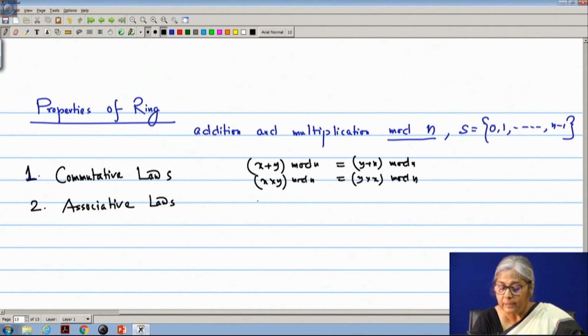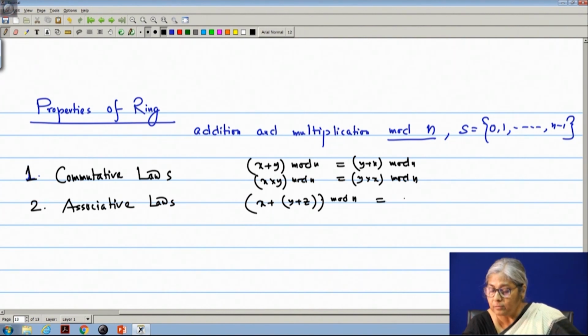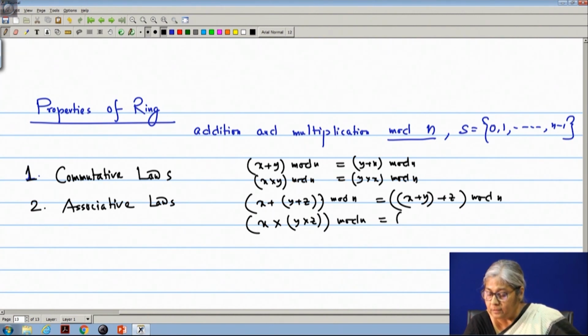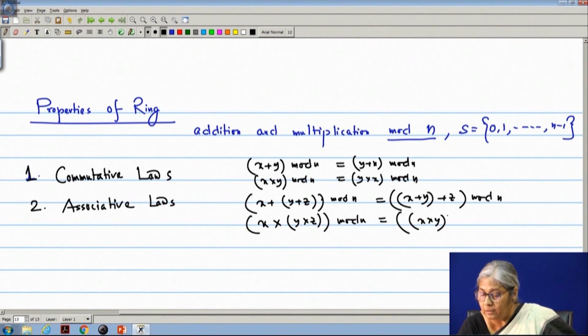We consider x, y, z, and we can write that x plus y plus z modulo n equals x plus y plus z modulo n, and x into y into z modulo n is the same however grouped.